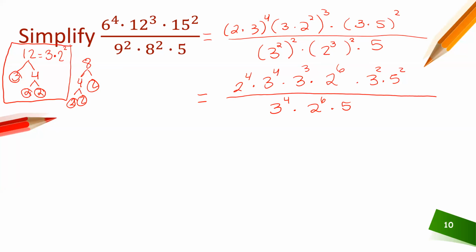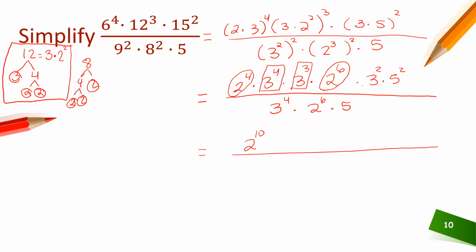Okay, now on the numerator, you will see that there are exponential expressions with the same base being multiplied to each other. So we are going to go ahead and simplify those, right? First, I have 2 to the fourth power multiplied to 2 to the sixth power. Keep the base the same, add the exponents. Okay, and then for 3 to the fourth power times 3 to the third power times 3 squared.